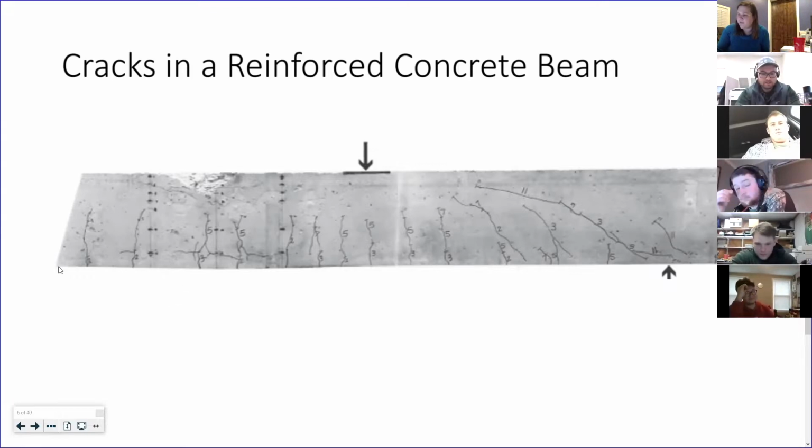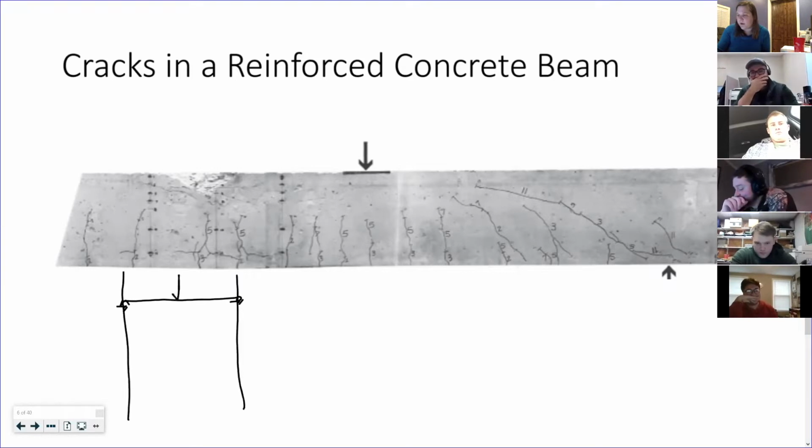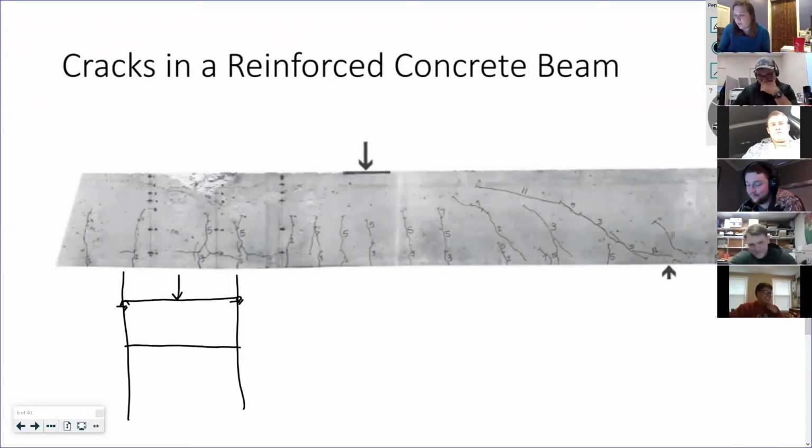For a single point concentrated load on a simply supported beam, well, I was going to draw it, but I was going to draw it incorrectly. Your shear is that.